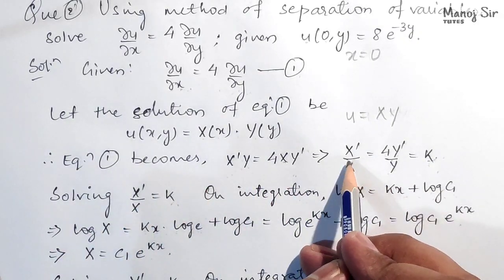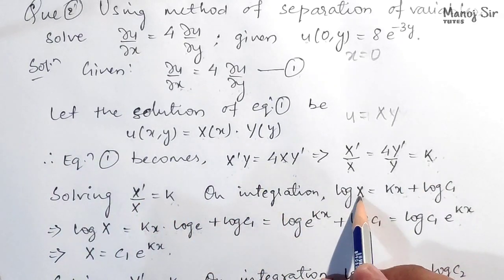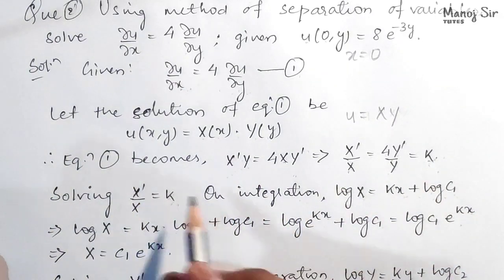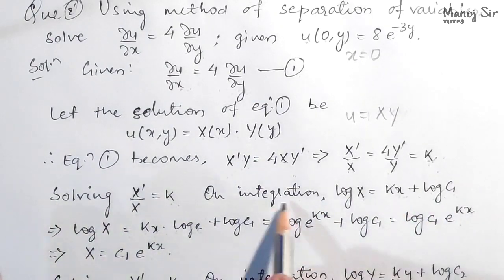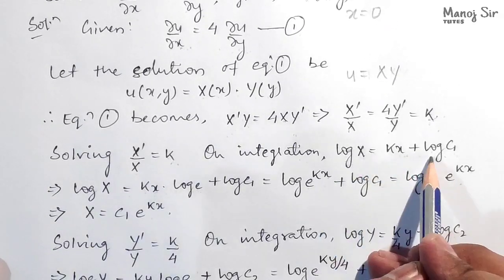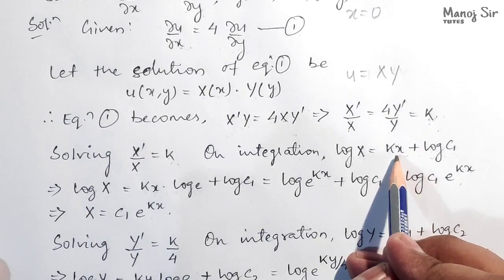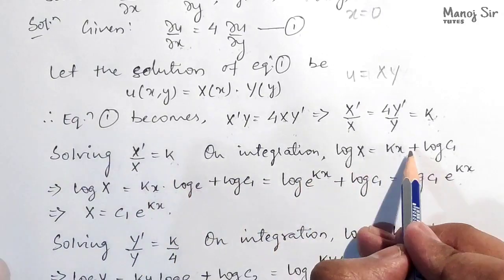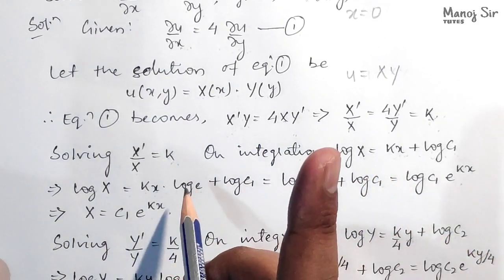Solving this first, X dash upon X equals k. On integration this becomes log X equals k into x plus log c1, where c1 is the constant of integration. Here we have log on the left but not on the right, so we take log there also: multiply by log e, because the value of log e base e is 1.